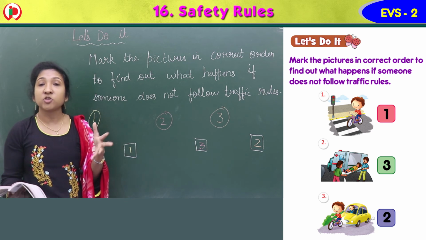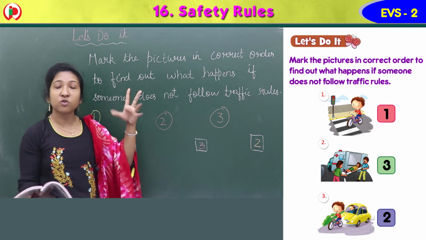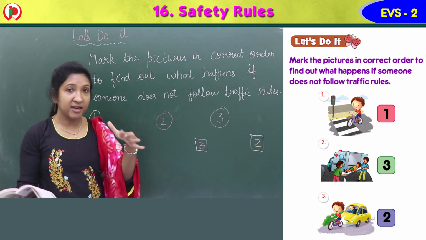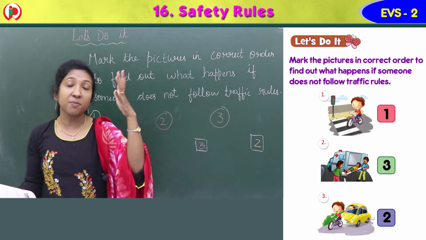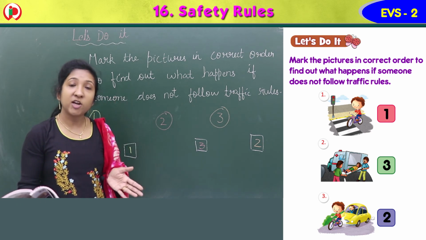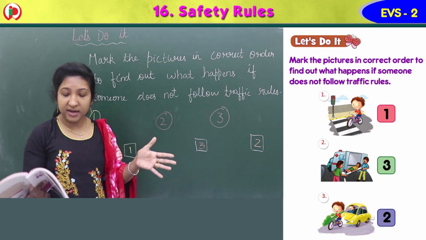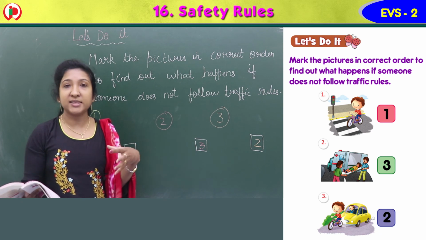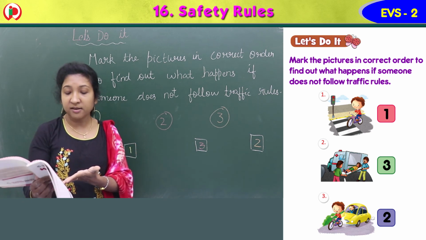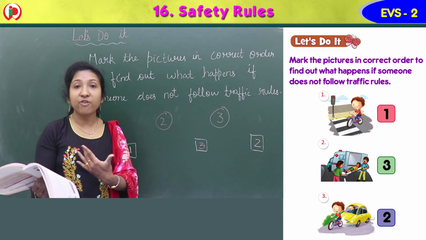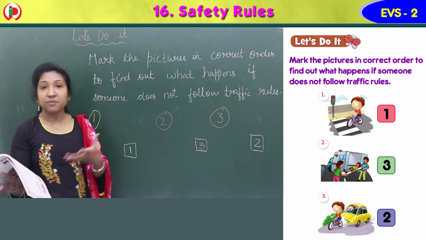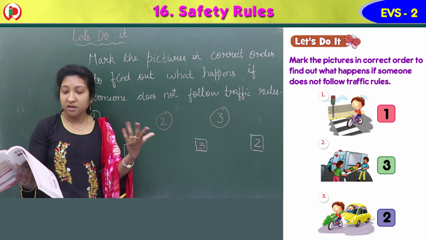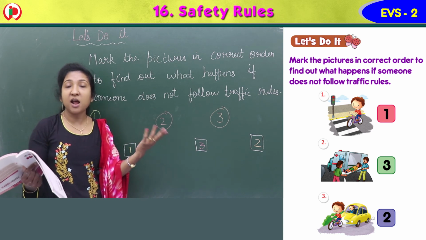We should not take the cycle to the main road. If you are a small child, you should not take the cycle to the main road. You can ride your cycle by the side of the road, isn't it? You should not ride the cycle in front of other vehicles. That child is riding the cycle in front of a car. So what happened? The car hit the cycle, and see, the child has been taken to the hospital.